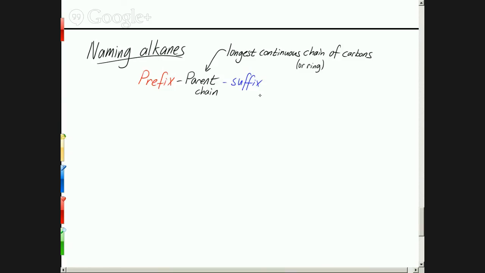The suffix, the part at the end, tells us about something called the functional group, which we'll get into later. We're not going to mess with that today. Right now, all of our suffixes are going to be "ane" because we're talking about the alkanes. Anybody know what an alkane is?